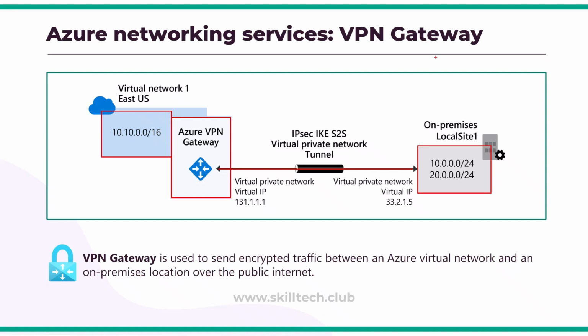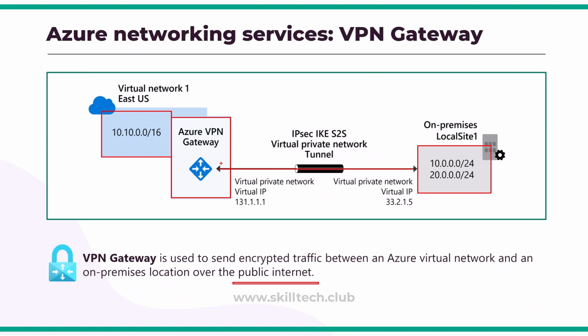Now, one thing I want you to understand in this statement is the phrase public internet. When you are using VPN Gateway, you have to understand that this gateway allows you to connect with the other network over the public internet. There are chances some big organizations are not going to like this.